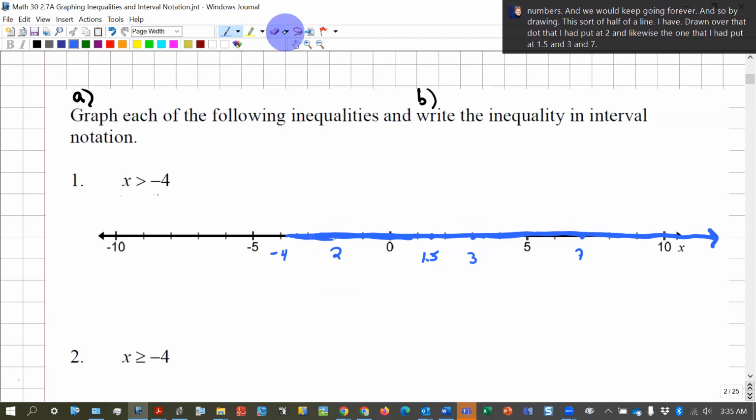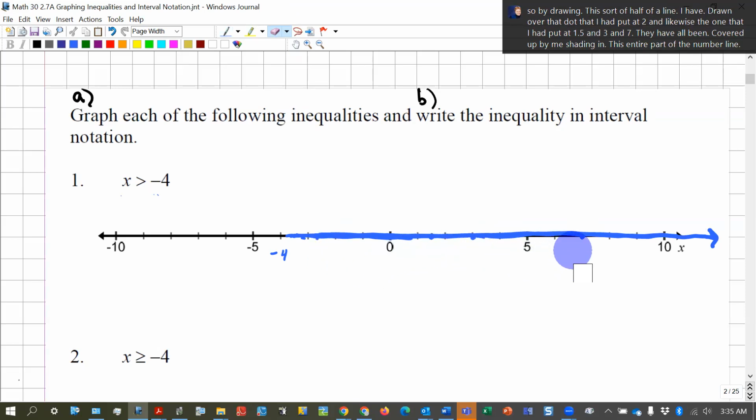They have all been covered up by me shading in this entire part of the number line. And so I'm going to erase those example numbers for right now.